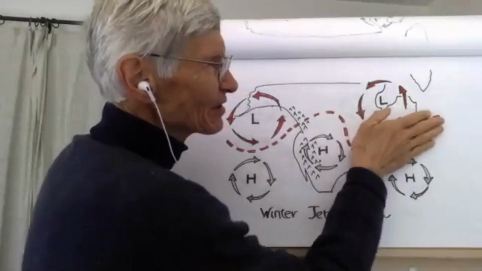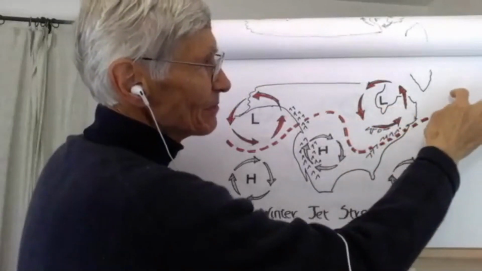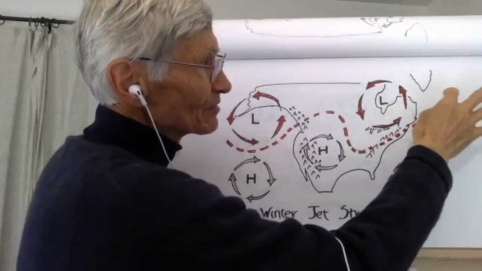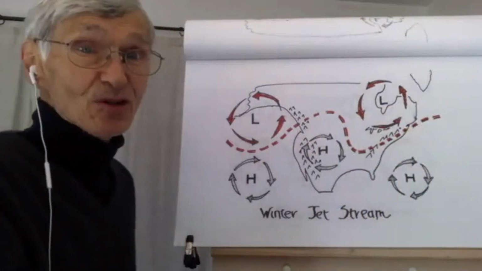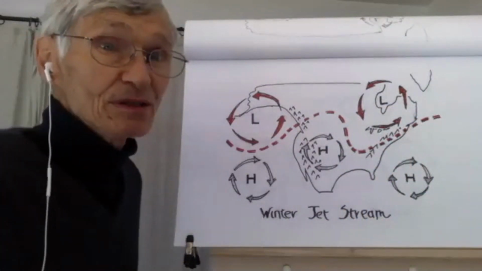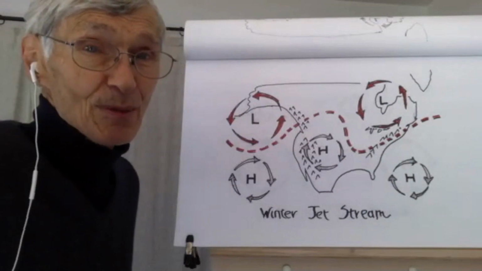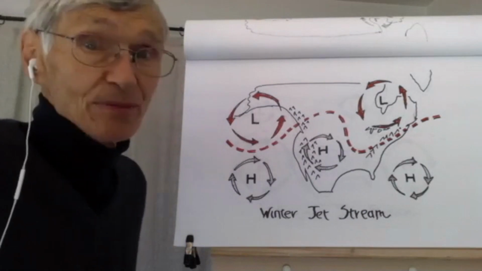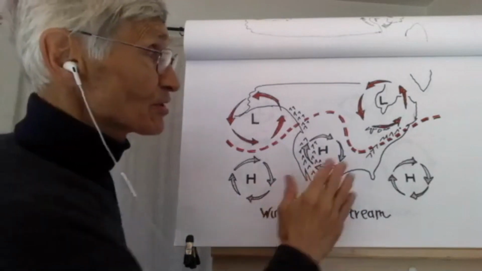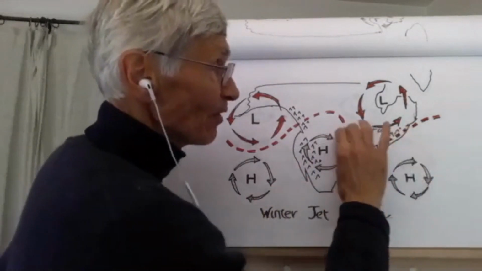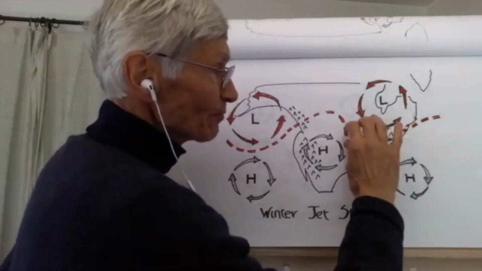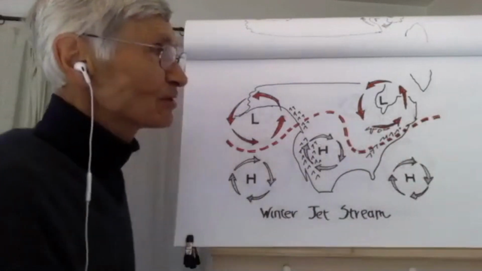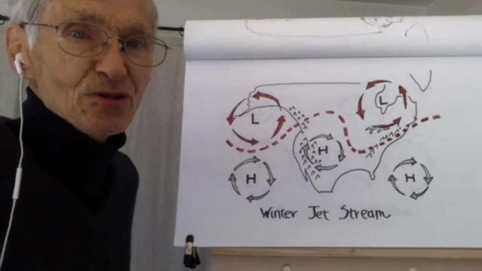pushing out into the Gulf Stream of the Atlantic, making a huge storm center south of Greenland. That's going to be a big ticket item for Europe in a couple of days. That's going to be a really big problematic storm because there's so much cold air pouring off the continent across the warm water of the jet stream.